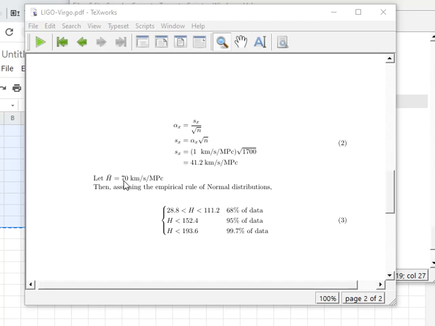If we assume that the mean is 70 kilometers per second per megaparsec, then we would have this range for 68% of the data. We would have 95% of the data under 152.4 and 99.7% of the data under 193.6.